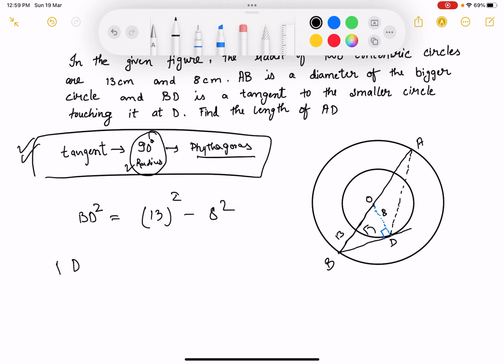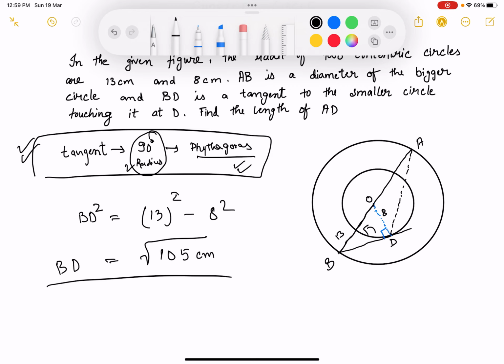Obviously, you can always solve this and simplify this as under root 105 centimeter. So now we are done with Pythagoras theorem. Now we know BD. Okay. But here we have to find AD. So how can we do that?